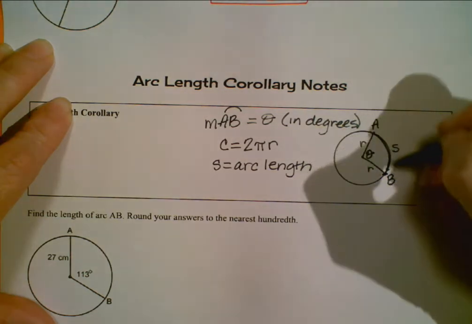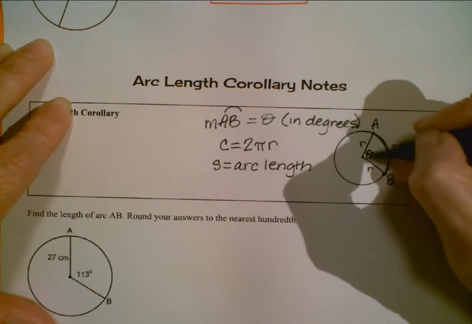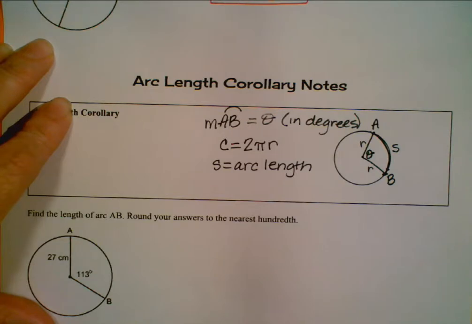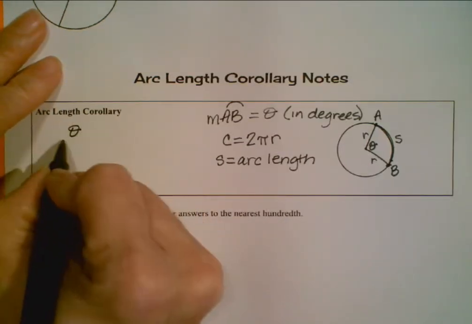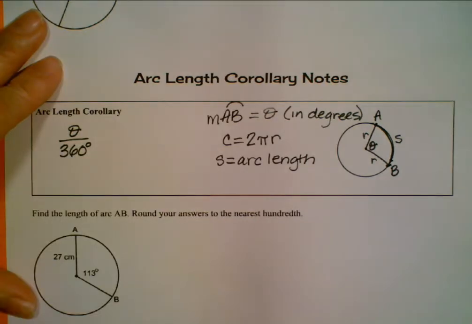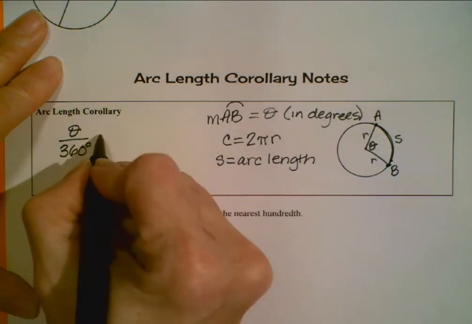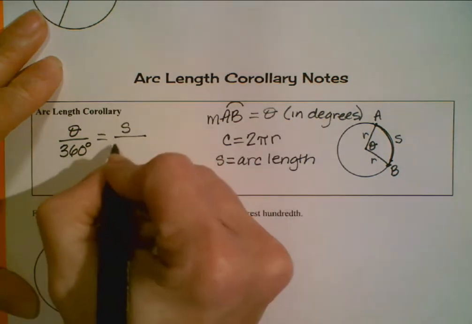Well, the portion of the circumference that this arc has and the portion of the 360 degrees of the circle that theta has have to be equal to one another. So our arc length corollary says those two fractions must be the same. Whatever fraction theta, that central angle, is of 360 degrees, the whole circle, then the arc length must be the same fraction of the circumference, 2 pi r.